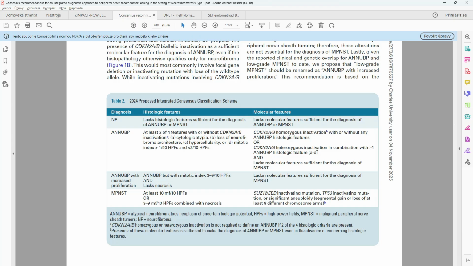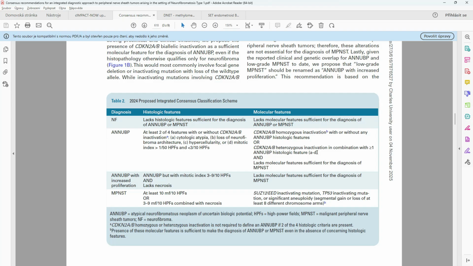Then it can transform further into an ANNUBP with increased proliferation, and then you can have areas like MPNST. So we can have the whole spectrum in one sample. That's in patients with NF1 syndrome. If the patients don't have NF1 syndrome, you can also have MPNSTs, but they typically arise de novo.